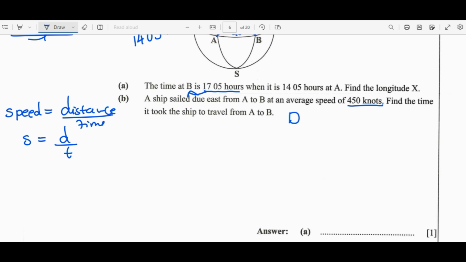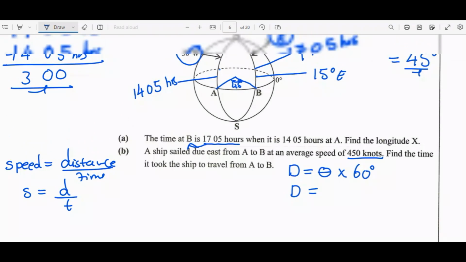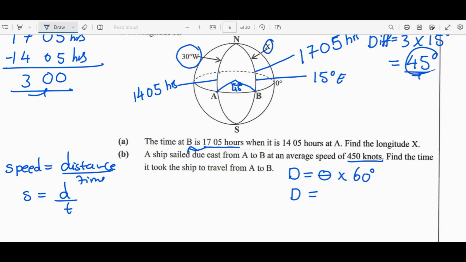So say distance is equal to difference in longitude times 60. Now the difference in longitude is 45. Remember, we found this number. Or if you want, you can just say 30 plus 15, you get 45.